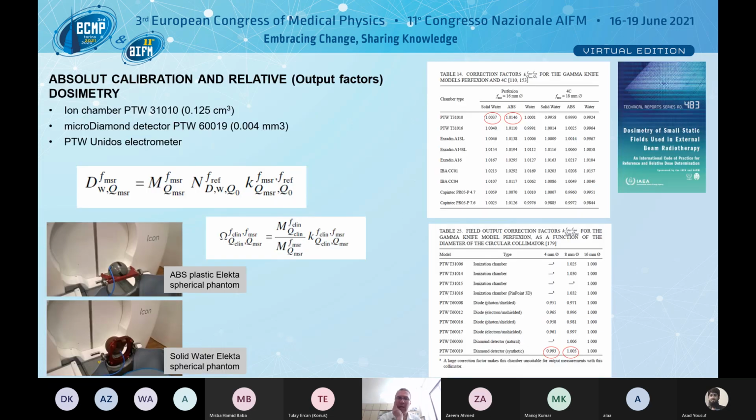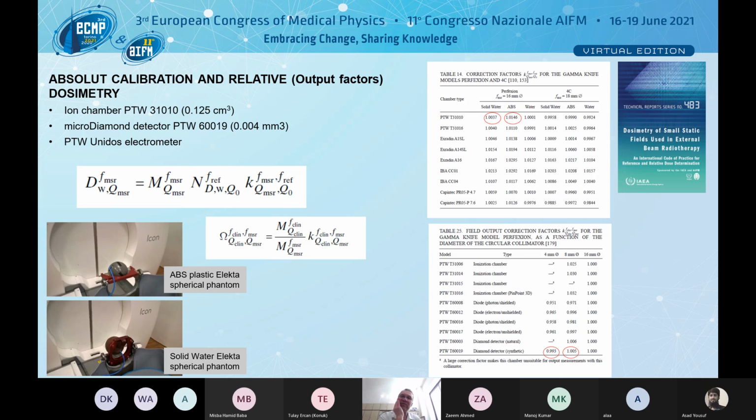So we have actually already for several years this new IAEA AAPM document, basically a new code of practice for small beams and non-standard beams. I remember when I was leaving the United States in like 2010, 2011, that was my last year, we were in fact helping Elekta to measure some of those parameters.